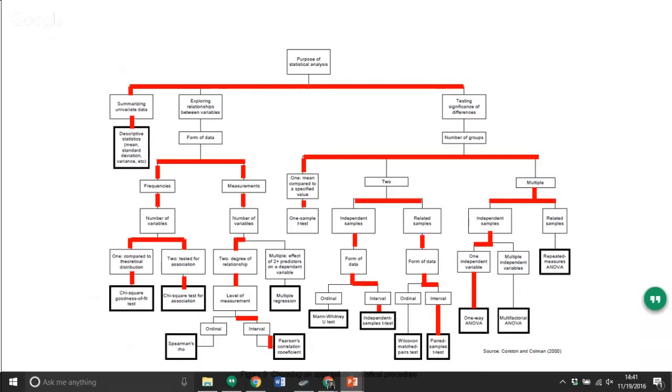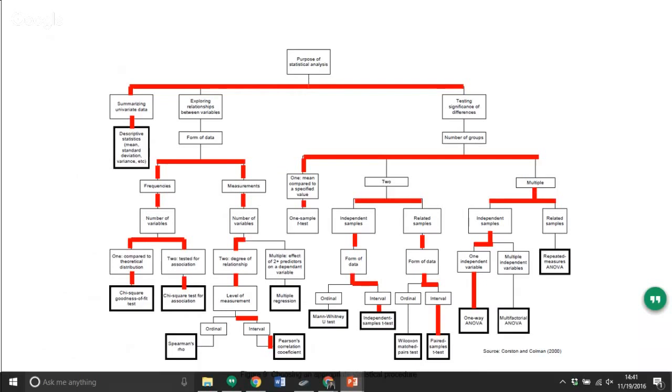So we call this particular version of the test the goodness of fit test. The other version of the chi-square test, which is the same exact test, is used with two or more variables to test relationships or dependence or independence of variables. So we call that the chi-square test for association, or the chi-square test of independence.